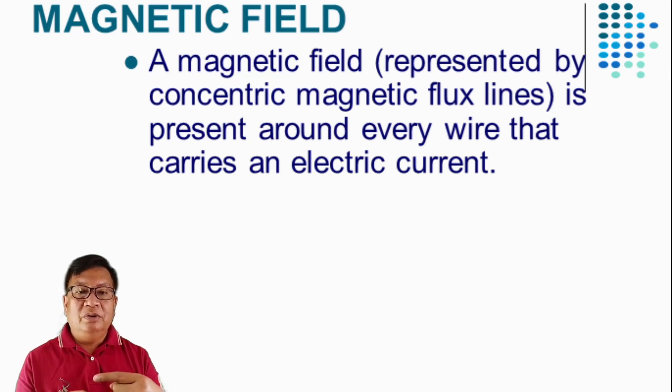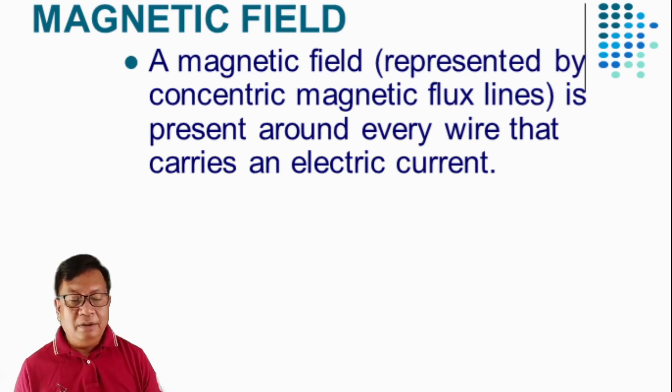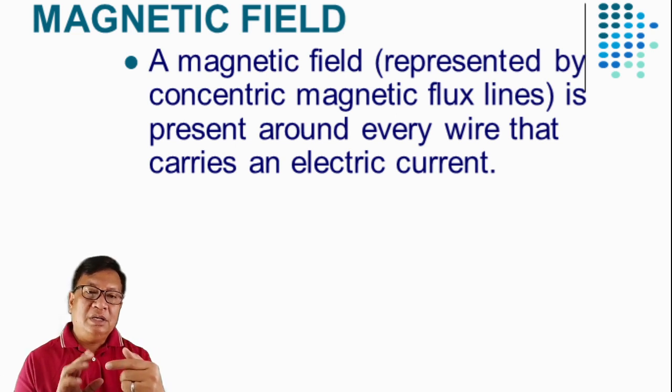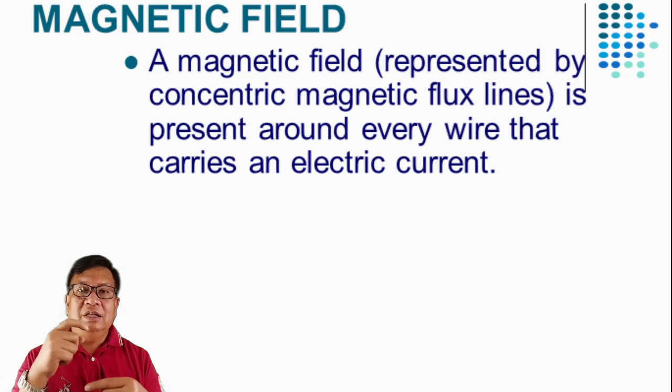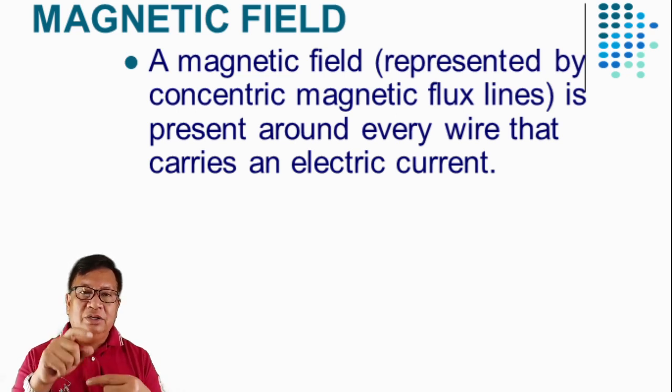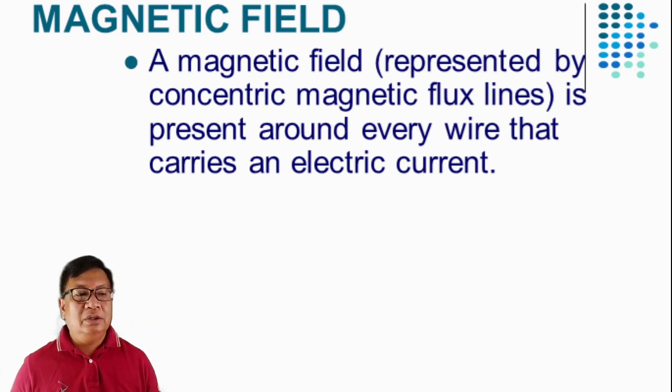Okay, so ito po yung tinatawag natin na concentric magnetic flux line. Okay, so ibig sabihin, pag mayroon tayong current carrying conductor, this current carrying conductor will produce its magnetic field along, okay, perpendicular. The direction is perpendicular to the axis of this conductor.